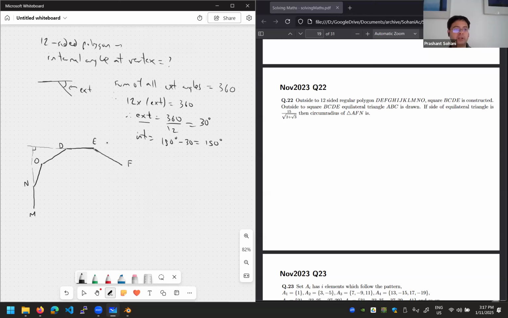I will not draw the whole 12-sided polygon, but this is the only part we need to concern ourselves with. Then, outside of this, square BCDE is constructed. On the segment DE, we are constructing this square.